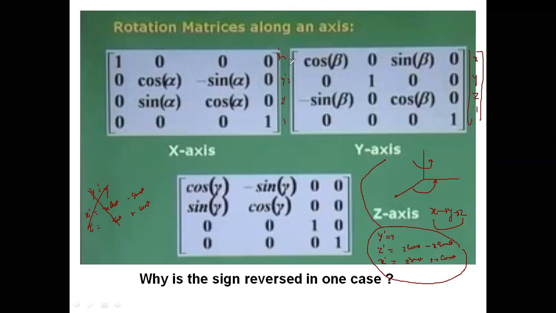So x dash we will calculate. We have to put the values to multiply: x gets multiplied by cos theta, and we will get x cos theta. Then 0 will be multiplied, then plus z sin theta. It is correct.